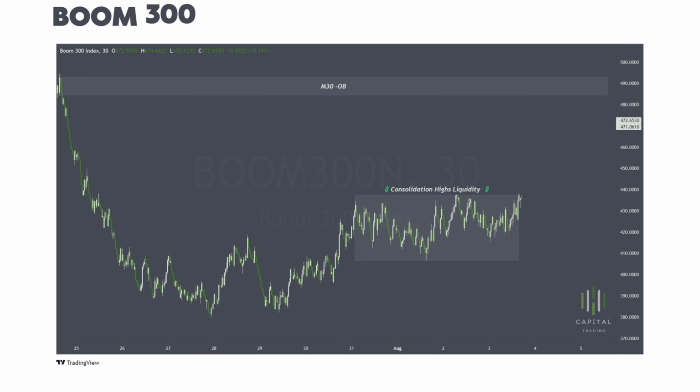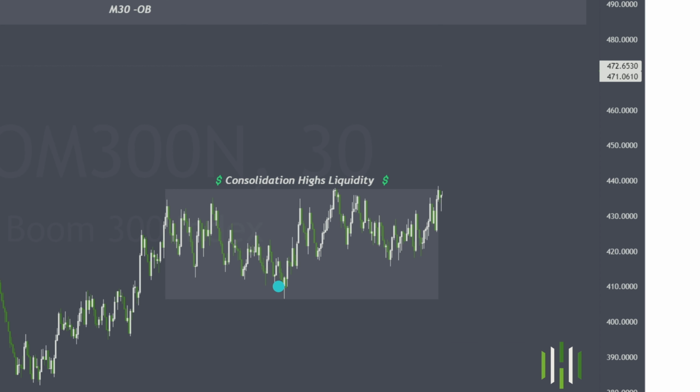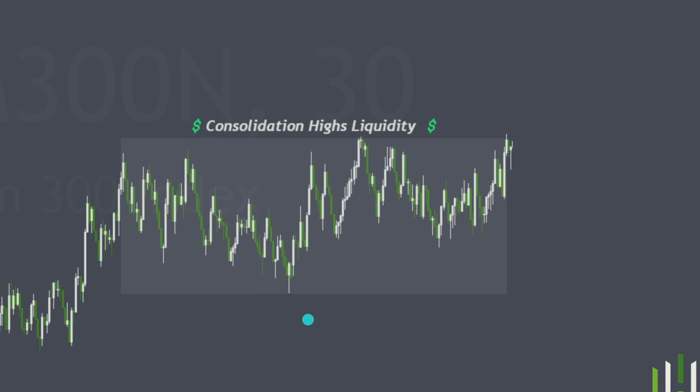The first Boom instrument we're going to look at is Boom 300. For Boom 300, we had price dropping for some time, and then we had price going up, but it reached this point where it was going up, down, and they went breaking this range that it had formed.